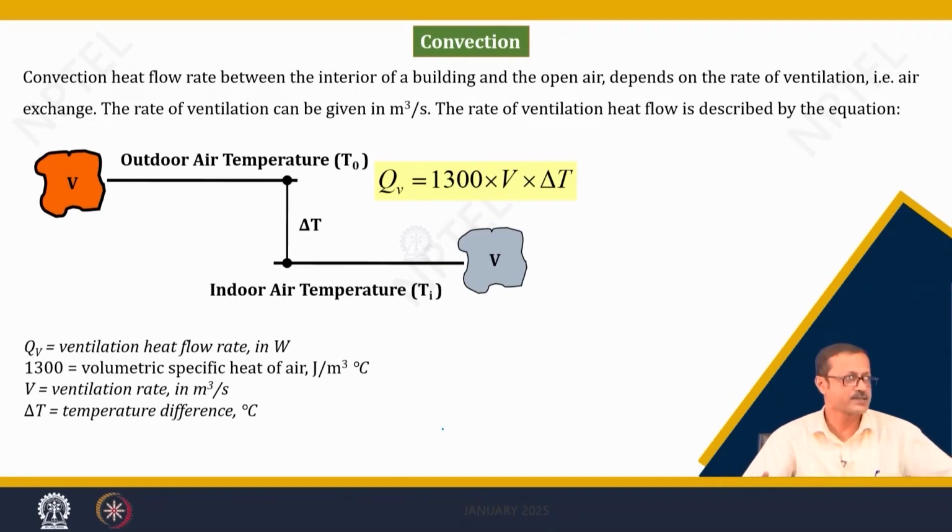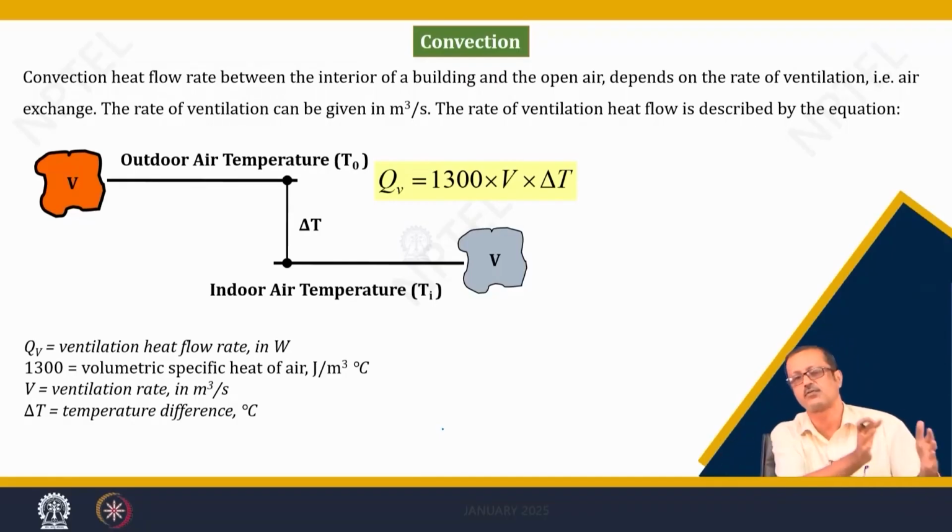It may be natural ventilation, from outside to inside, or it may be air conditioning, from the air conditioning plant where the chilled air is created, or maybe the AHU, and from there to the inside.